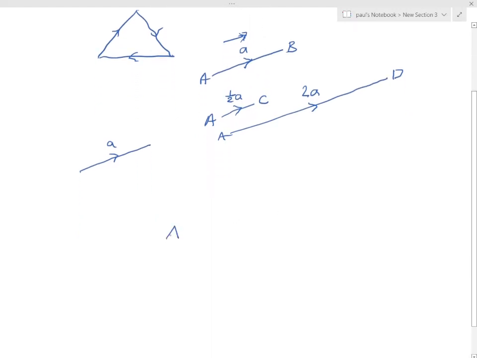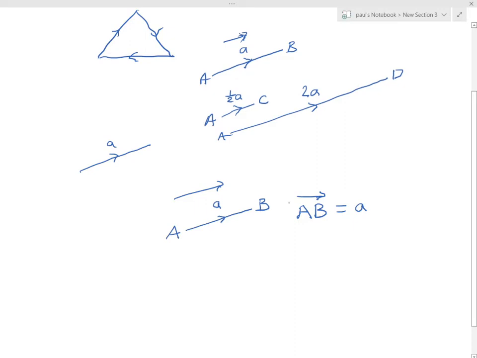So if we go to our original vector there, A to B, and we call that a, if we travel that direction, we can say the vector from A to B, see the arrow is the direction we're traveling to, equals the little a.